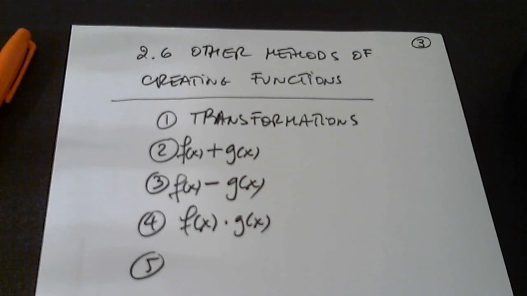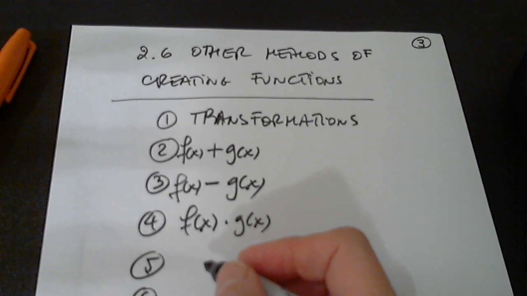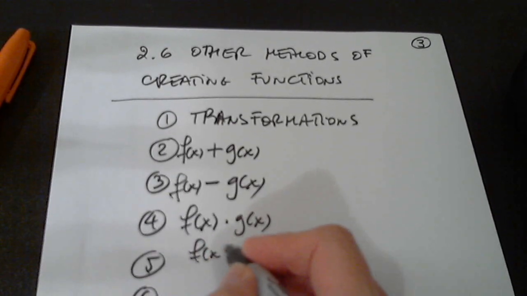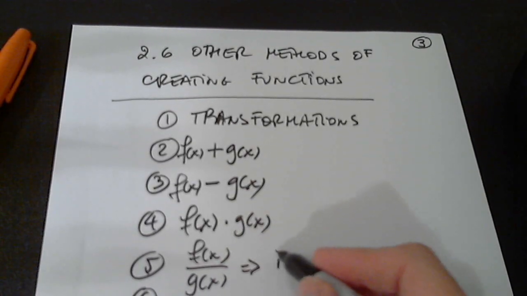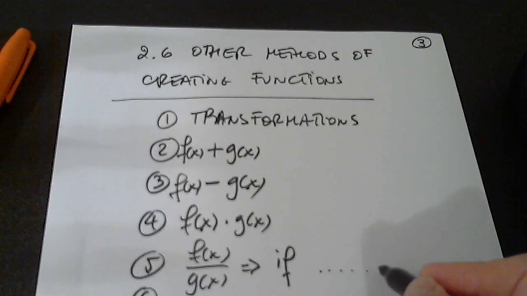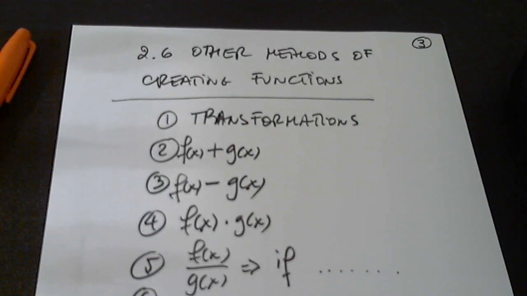Can you guess number 5? You may not be able to guess number 6 yet because I'll explain it, but number 5 you can. Division. Of course. There is a problem with division. So I have to say if, which I didn't have to say here. But with division, I may run into a difficulty.